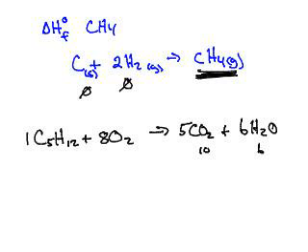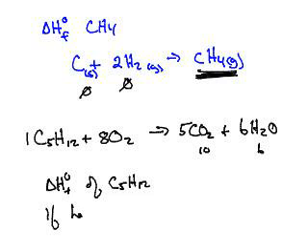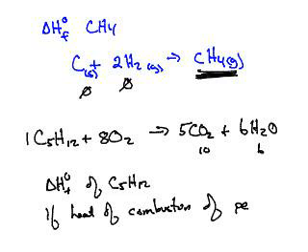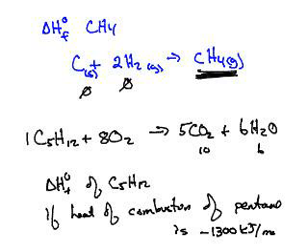All right, one thing I oftentimes see students do is I say, what is the delta HF0 of C5H12 if the heat of combustion of pentane, this is pentane, is, I'm going to make up a number, negative 1,300 kilojoules per mole. What am I asking for?